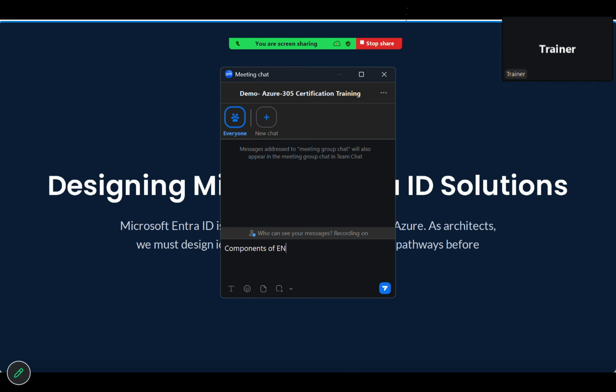Components of Entra ID: first is your user, then groups, then application, then service principal, then managed identities.